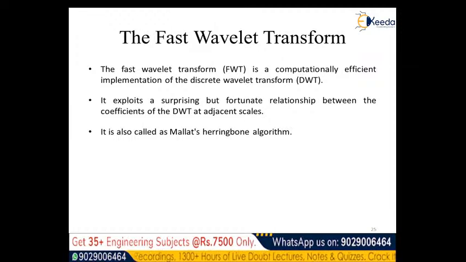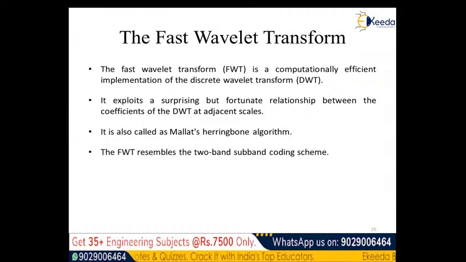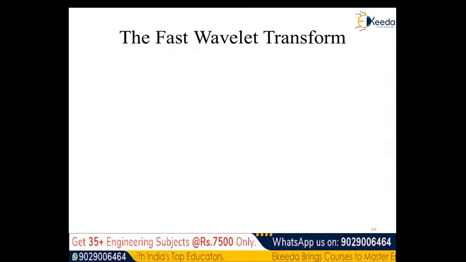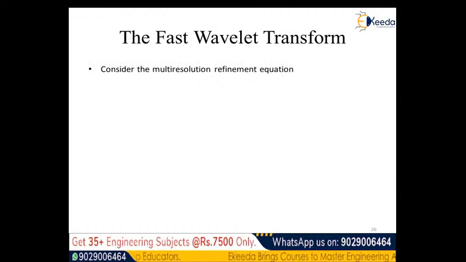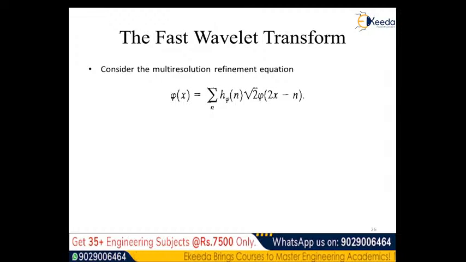Now the FWT, the fast wavelet transformation, closely resembles the two-band subband coding scheme. For example, we consider the multi-resolution refinement equation, denoted by phi of x, that is equal to the summation over the variable n of h suffix phi of n multiplied by root 2 times the scaling function phi of 2x minus n.